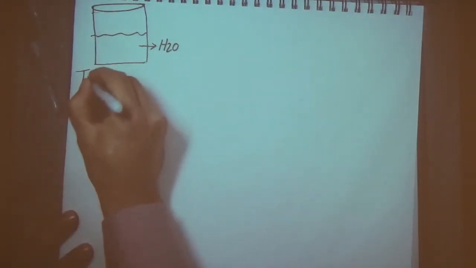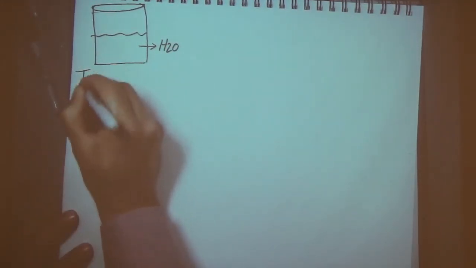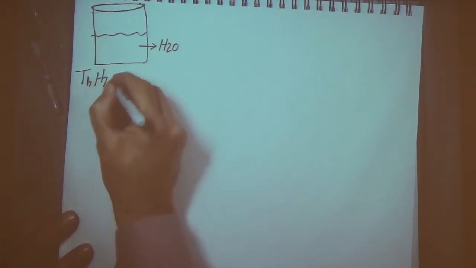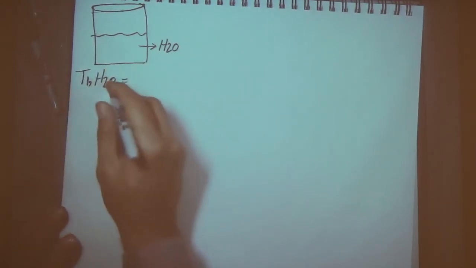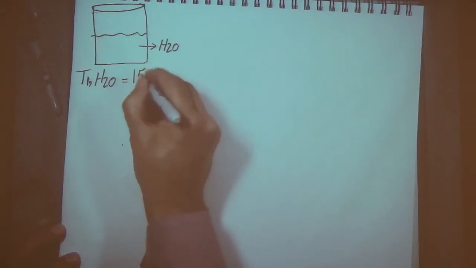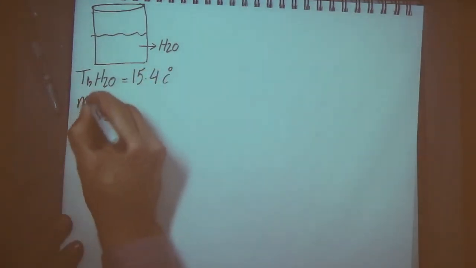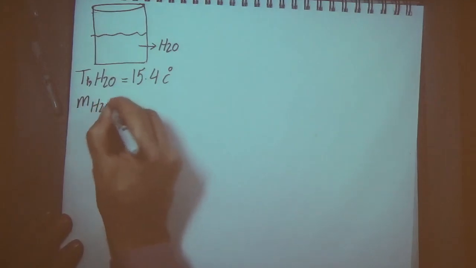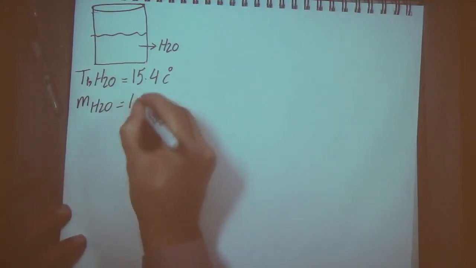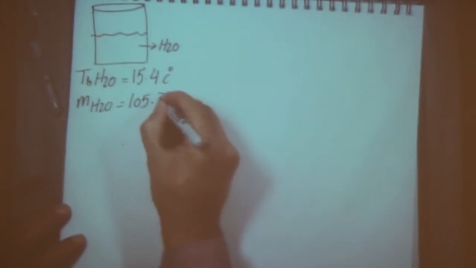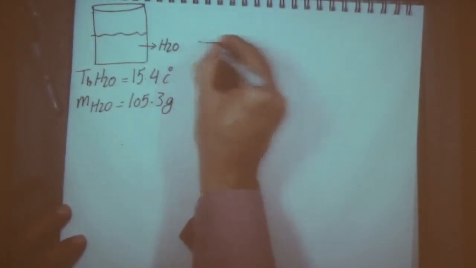T1 of H2O is given and is equal to 15.4 degrees Celsius. Mass of H2O is also given and is 105.3 grams. Okay.